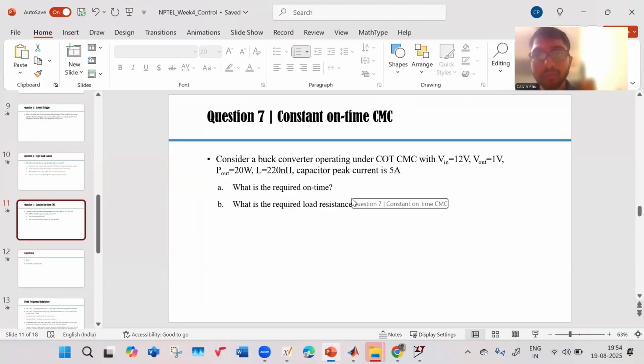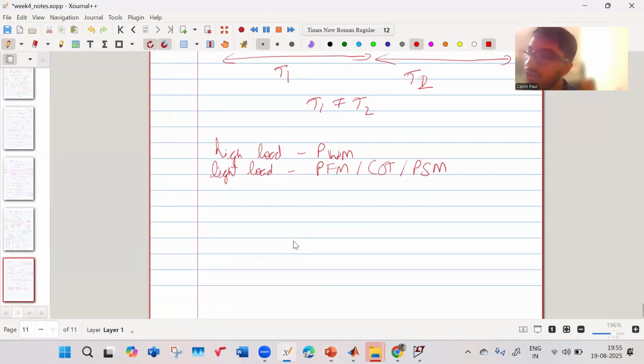So we'll do constant on-time current mode control. You have what is known as constant on-time control.